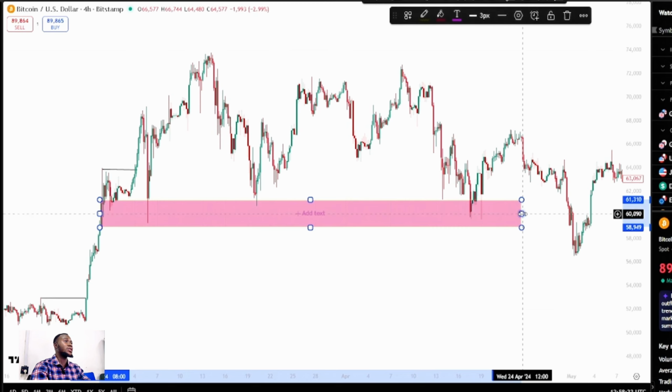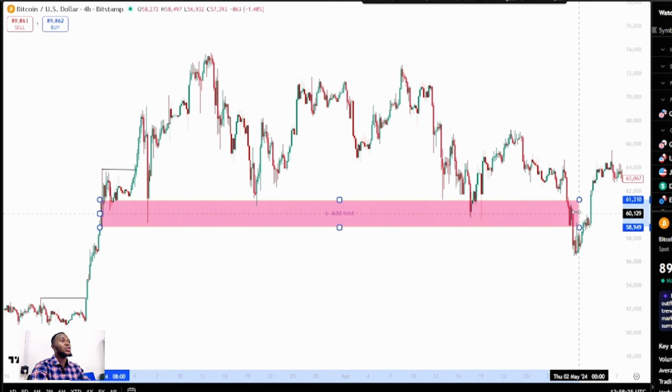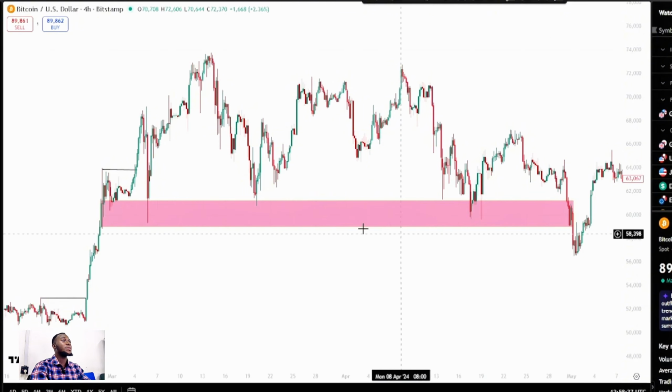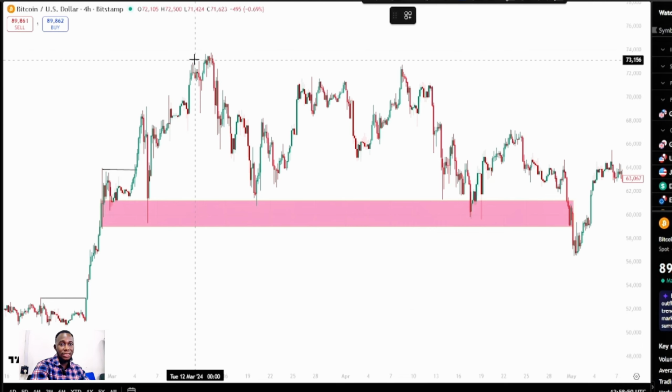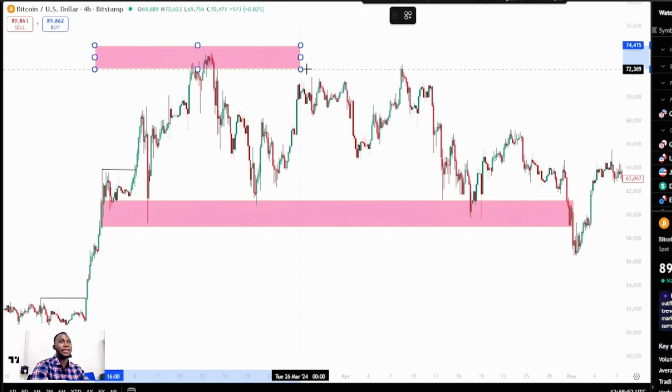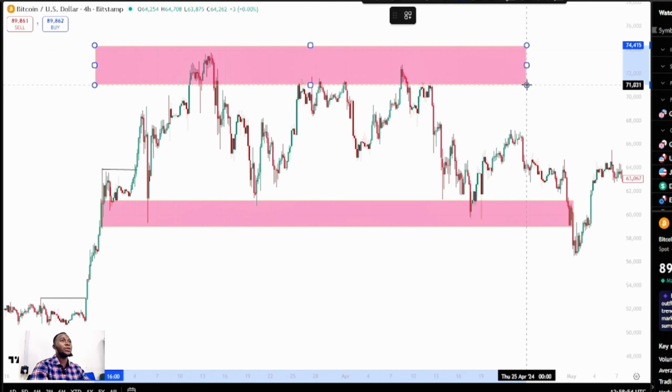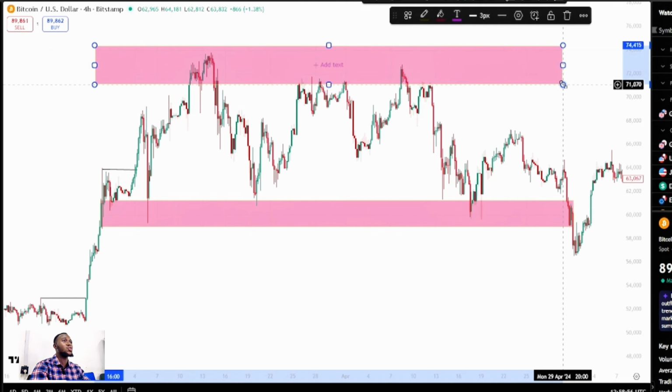For those of you that are hearing the word support for the first time, support simply means that point in the market where the market will get to, and then it will stop selling and start buying. Just understand it in that simple concept. And then resistance is that point in the market where if the market gets to it, it will stop buying and start selling.